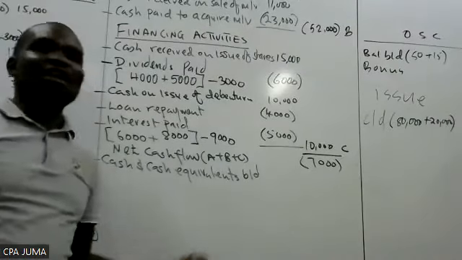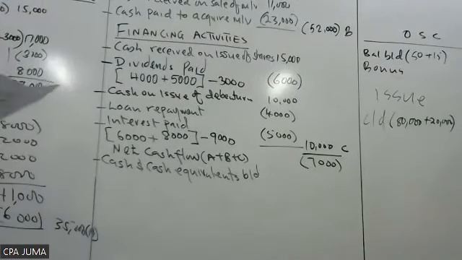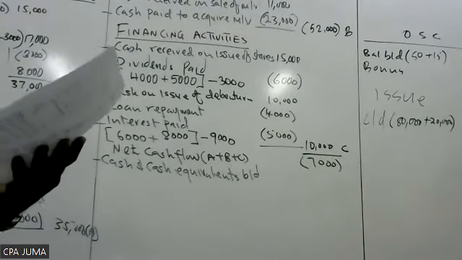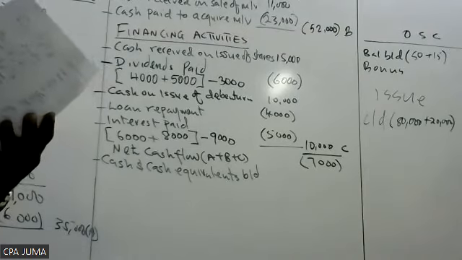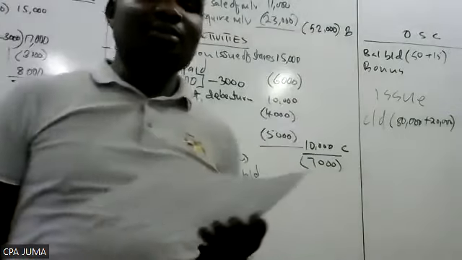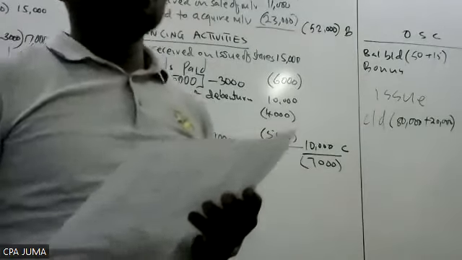Cash and cash equivalents brought down. Can you check bank balance and cash in hand? There is 3. Overdraft. Bank overdraft at the beginning is how much? 0.